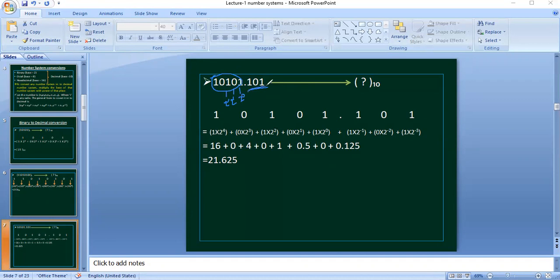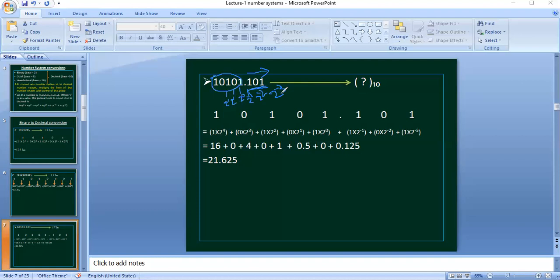Okay, for the fractional part, you need to consider the positional weights from left to right in this direction. And you have to consider the powers which start with -1. Why? Because it is the fractional part. So 2 power -1, 2 power -2, 2 power -3, like that you have to consider.